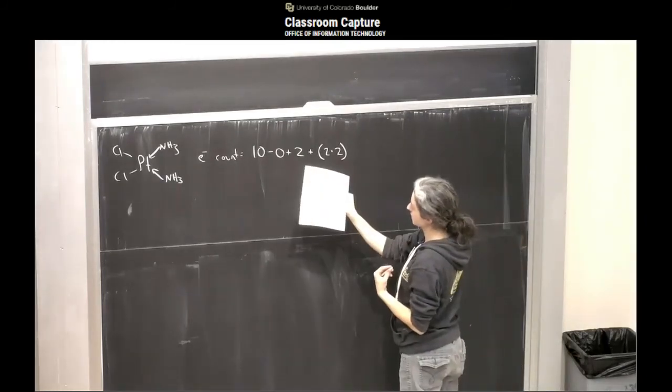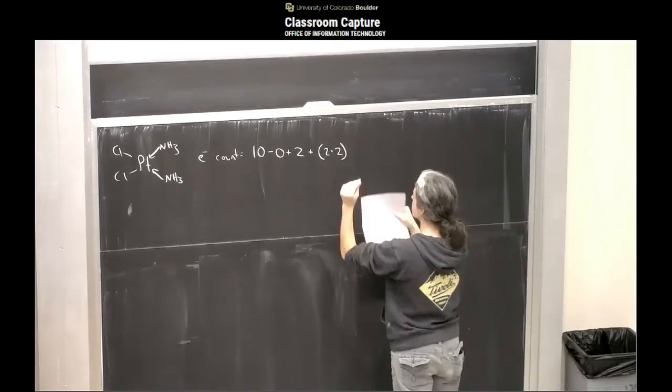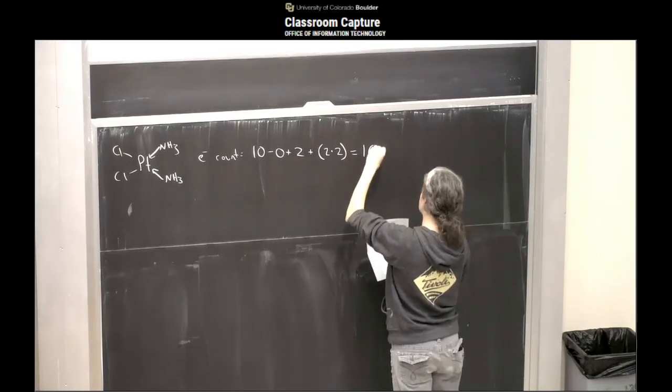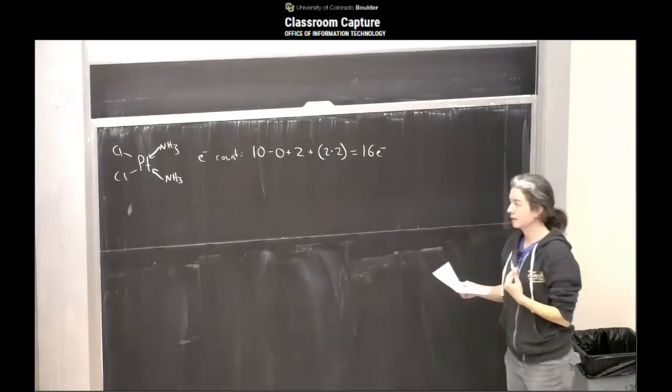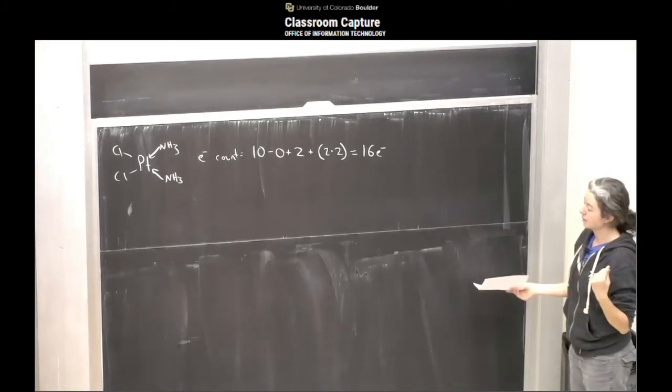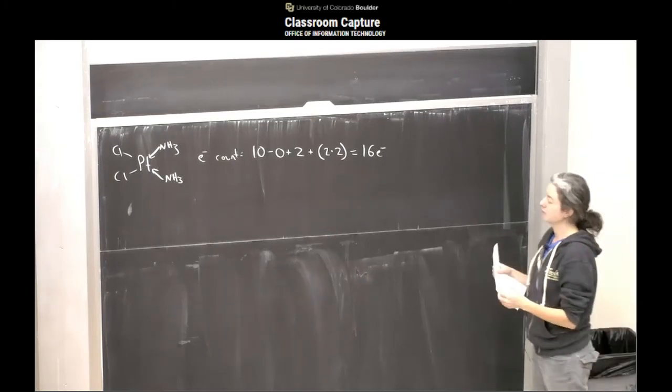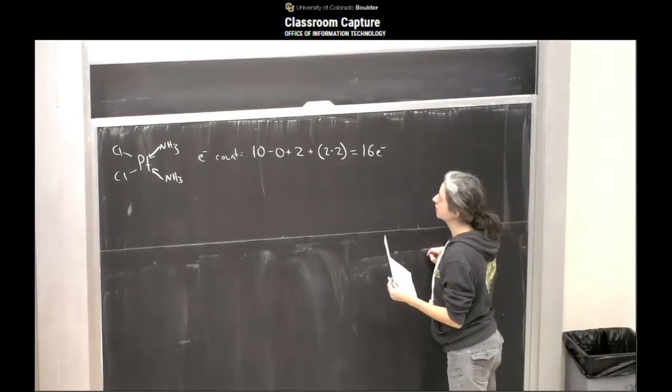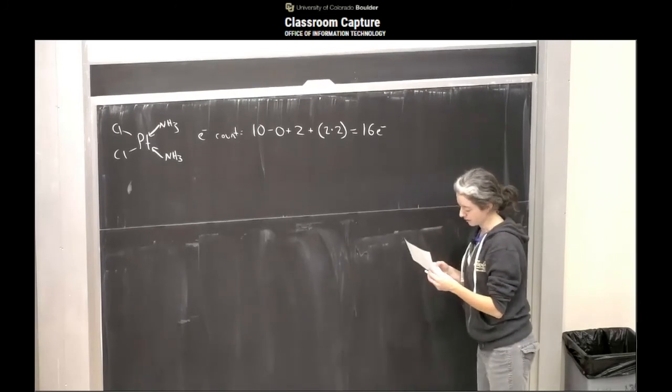So 10 plus 2 is 12, plus 4 is 16 electrons. So this particular one could squeeze a couple more electrons in there. Maybe we could have another NH3 ligand associate on there, and then we would be at the full complete set of 18. Or we could do some other stuff on there to change it.